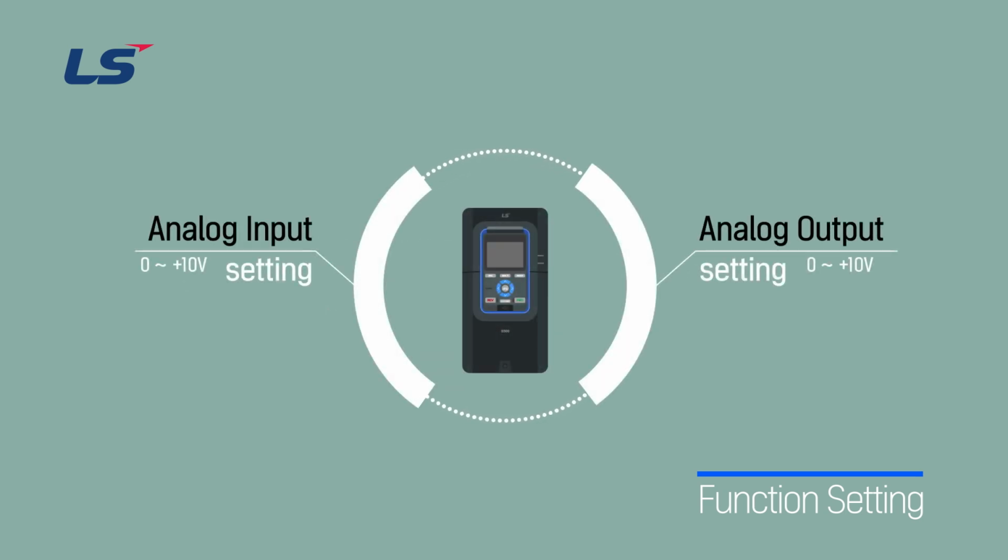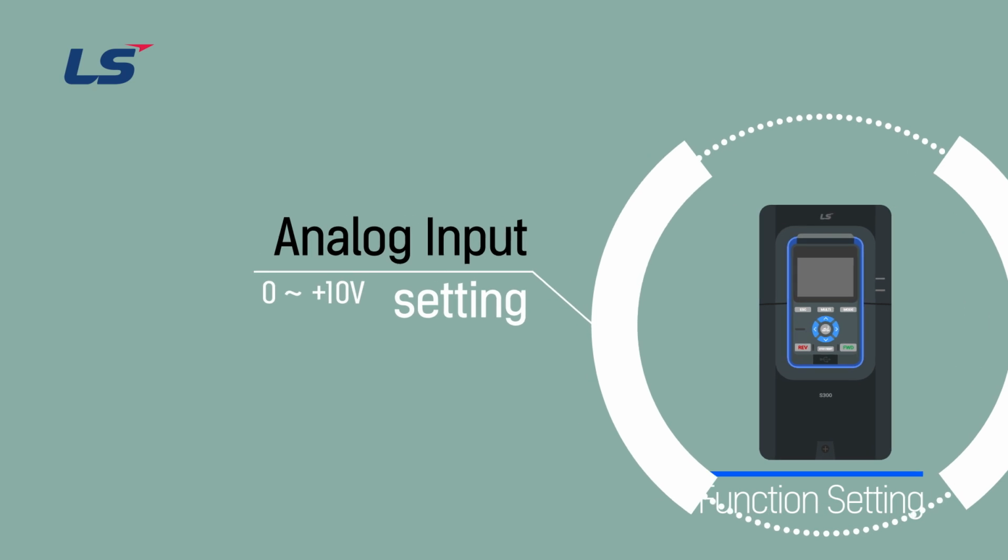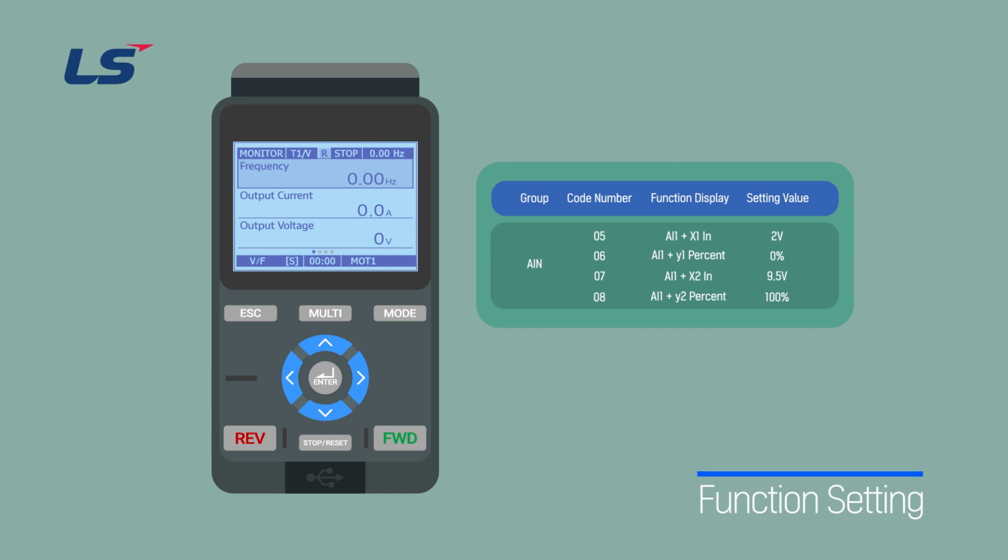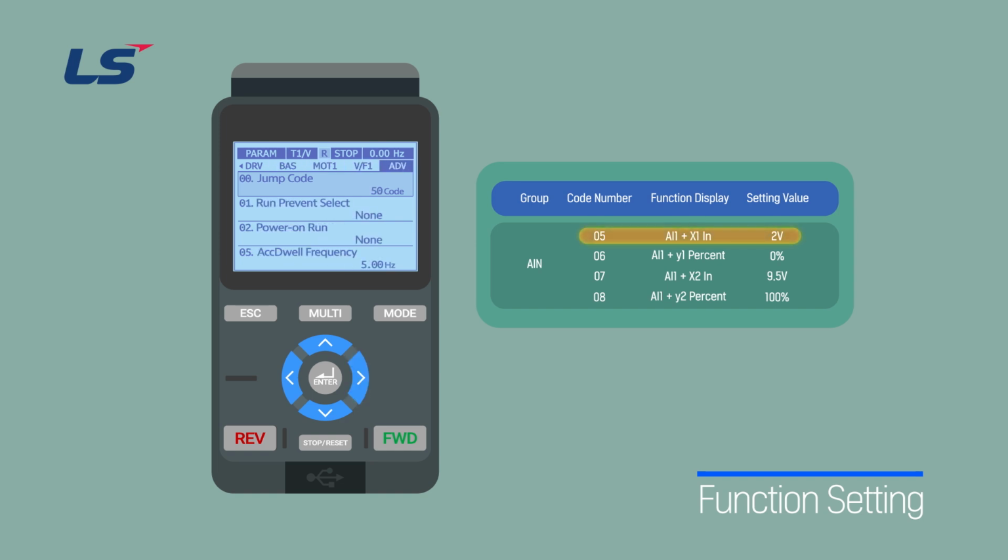Next, we will explore how to set parameters related to analog input using the S300 smart operator. In this video, we will set it to operate from 2 volts at 0 Hz to 9.5 volts at 60 Hz. First, press the Mode key to enter parameter mode. Use the arrow keys to navigate to AIN group 5 and set the minimum input voltage to 2 volts, and set the corresponding input level at AIN group 6 to 0%.